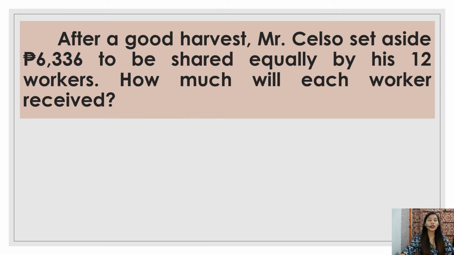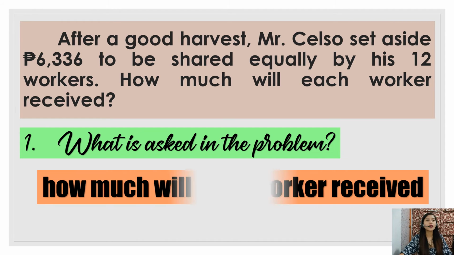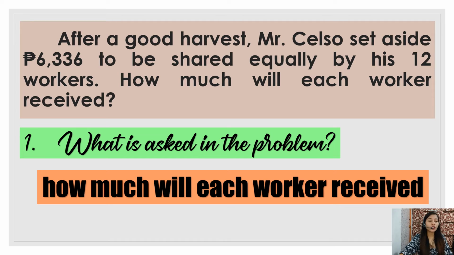So again, what is the first step that we are going to determine? Okay, so number 1, what is asked in the problem? What is asked in the problem is, how much money will each worker receive? Okay?